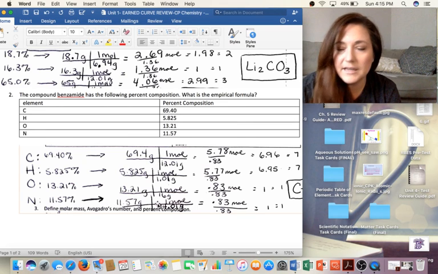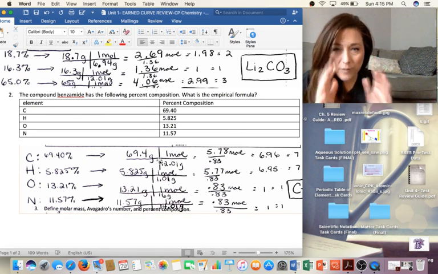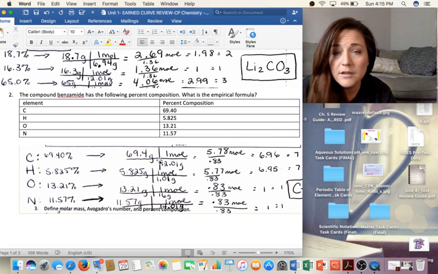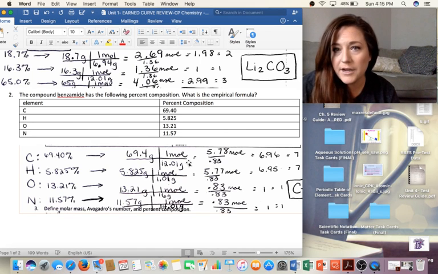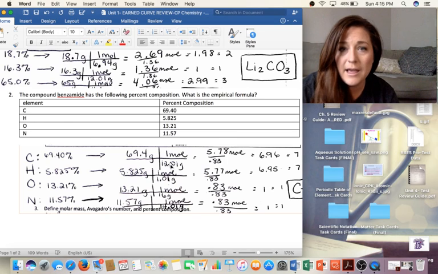So again, step 2, you are taking your grams and you're trying to figure out how many moles you have. So you are going to use your molar mass. So look at your periodic table for each individual element. And you see, when you look at the periodic table, that carbon has a 12.01 AMU.